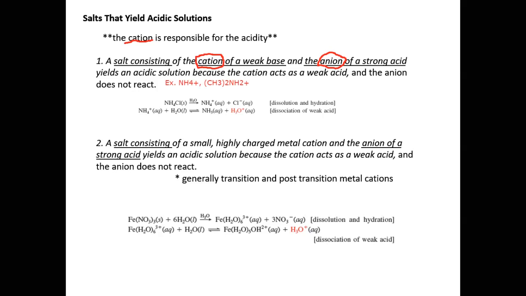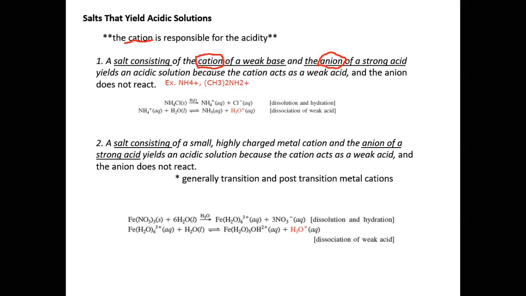Usually they're protonated amine compounds: the cation of ammonia, the cation of dimethylamine, things like that. So those are cations of weak bases.